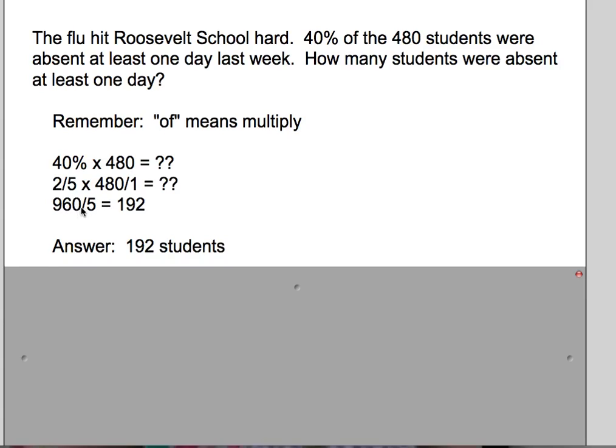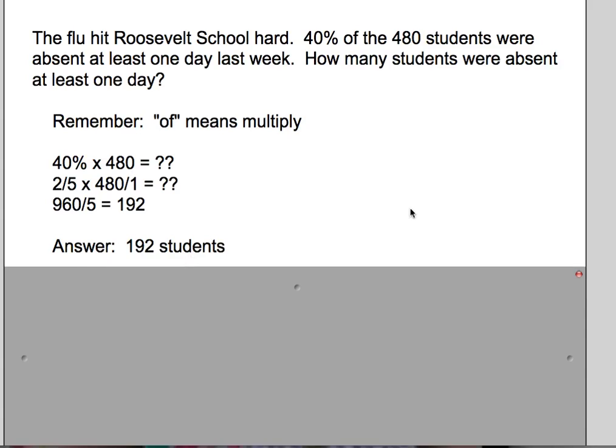So I've got 960 divided by 5, and you get 192. Now, I was able to calculate that in my head, but I understand you might not be able to. It's okay to write a division problem over on the side, and figure it out. So your answer is 192 students. Now, that's how you figure it out if you are not allowed to use a calculator.